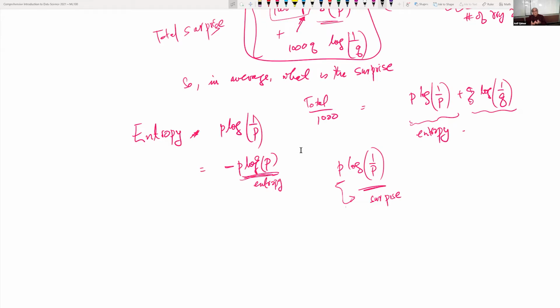Therefore, it turns out that using this negative P log 1 over P, the surprise, is a good way of thinking about the error. Think about it. It was a cow. Cow is the positive case. But your machine predicts the probability of cow is 0.9. What's the surprise?